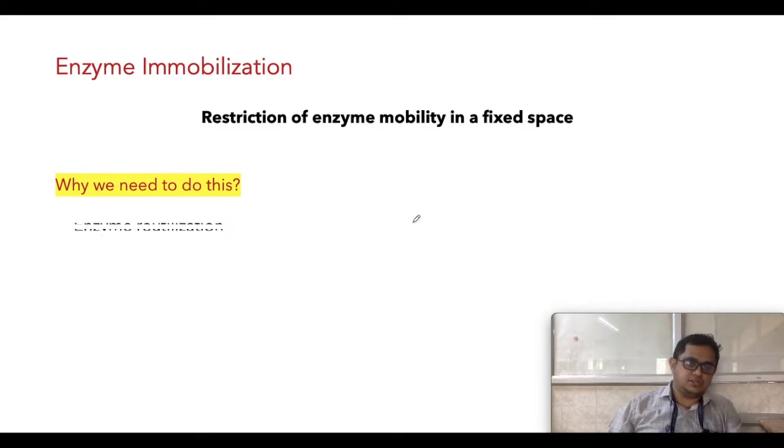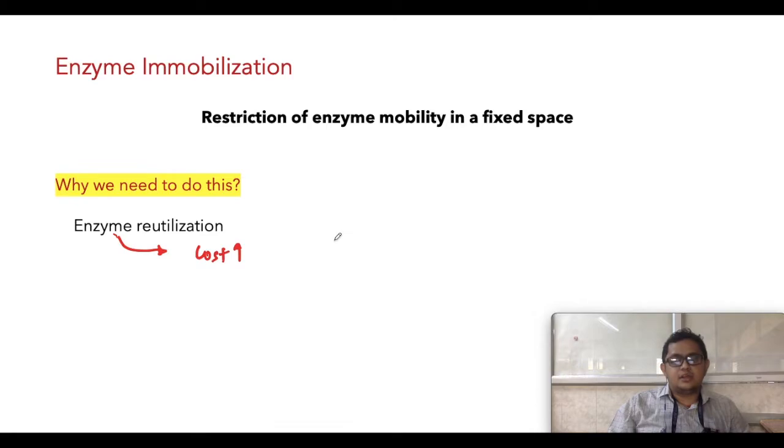What are those conditions? The first one is called enzyme reutilization. What is that? Why do we need this? Enzyme reutilization is basically needed whenever the enzyme cost is too high. We know that enzymes are not consumed in the reaction, so at the end of every reaction the enzymes remain there.